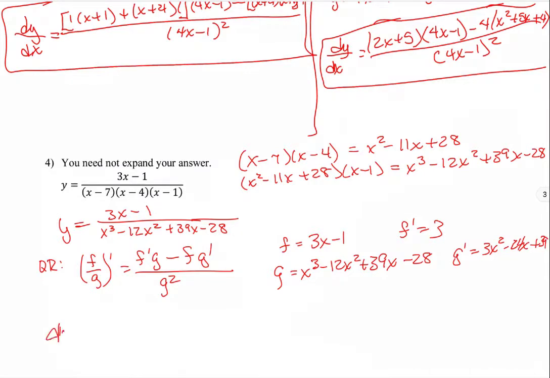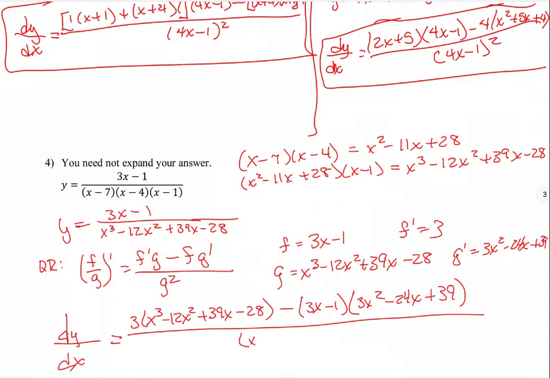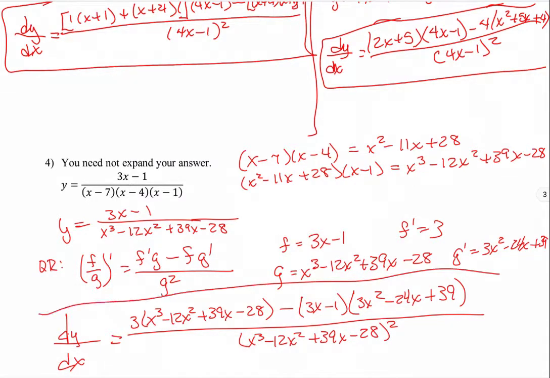So then dy/dx equals 3 times x cubed minus 12x squared plus 39x minus 28, minus 3x minus 1 times 3x squared minus 24x plus 39, all over x cubed minus 12x squared plus 39x minus 28 squared. And that is a great answer.